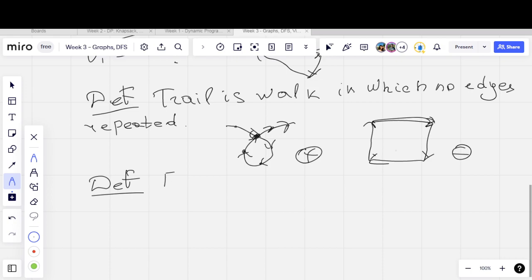Path. What is a path in a graph? A path is a walk, is a trail, in which no vertices are repeated.